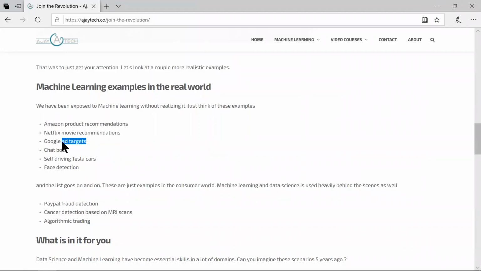How is it done? Using data science, and of course using a bunch of machine learning techniques. Then chatbots. What is a chatbot? Now, these days, if you go to ICICI.com or any banking website, typically you'll see that there is a chatbot, right? And that chatbot will be able to guide you with certain things.